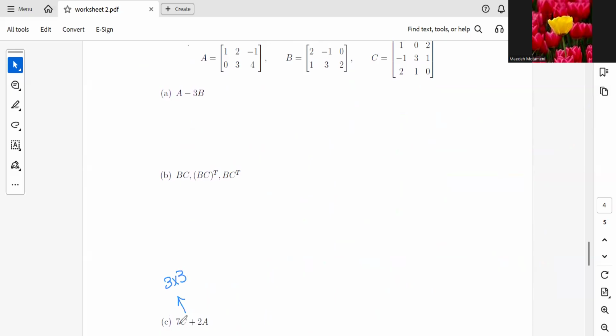If you multiply the scalar 7, that would remain of the size 3 by 3. A is of the size 2 by 3, even when it is multiplied by 2. So in order to add them together, you need to have two matrices that are of the same size, and these are not of the same size, so not possible.